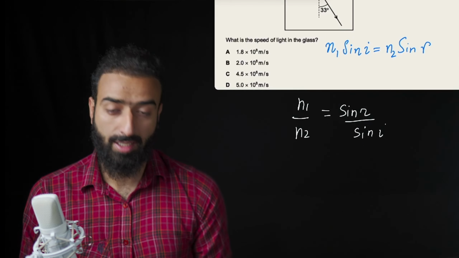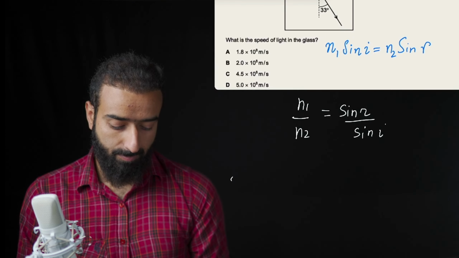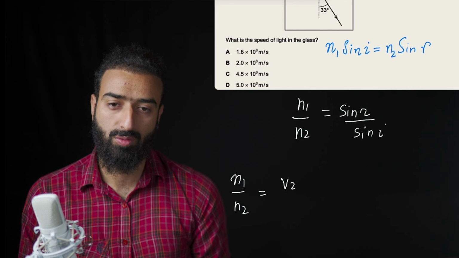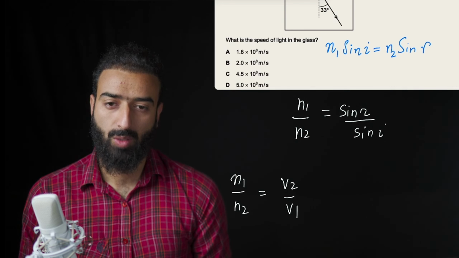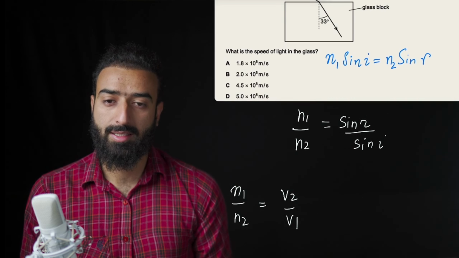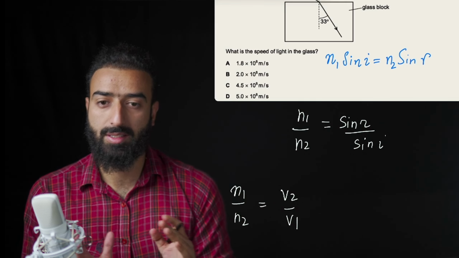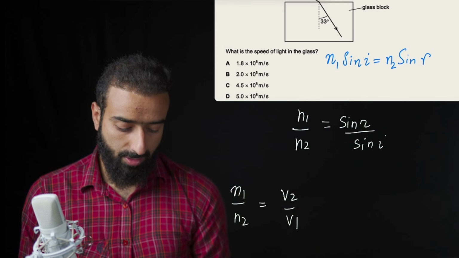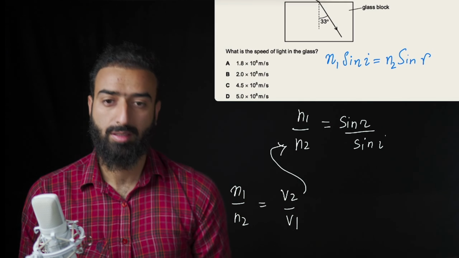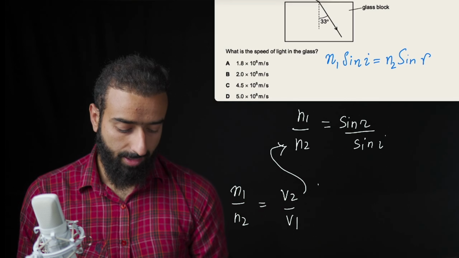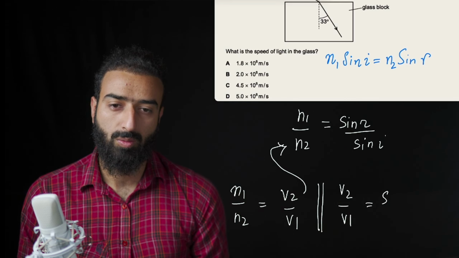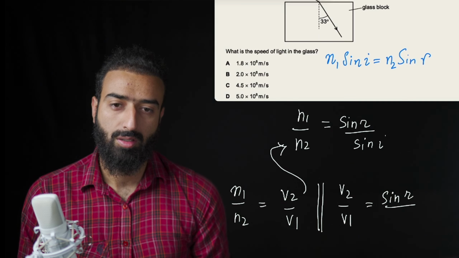So what I can write is that N1 over N2 can be written as V2 over V1, where V2 is the speed inside glass and V1 is the speed inside air. So I can substitute this in the first equation, and I'll get V2 over V1 equals sine R over sine I.